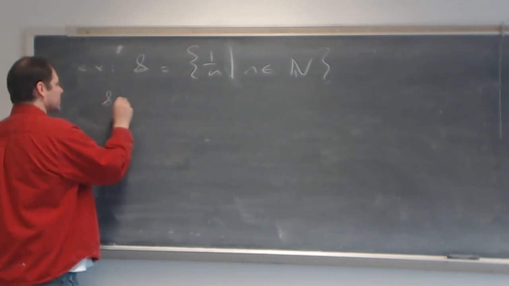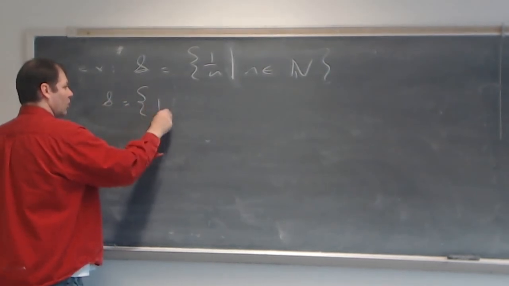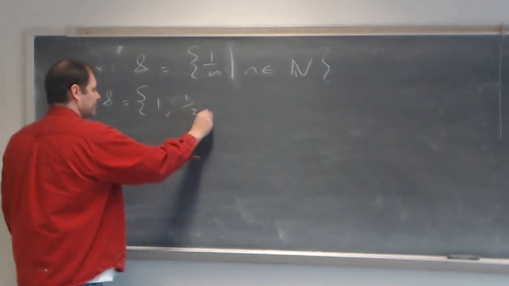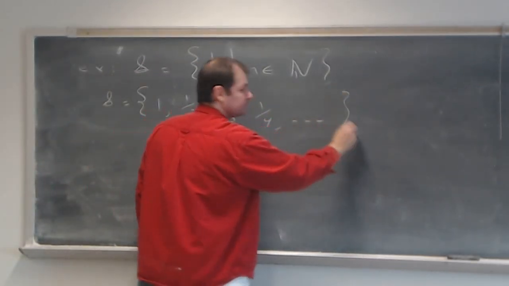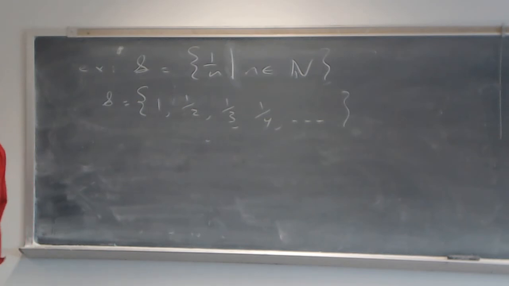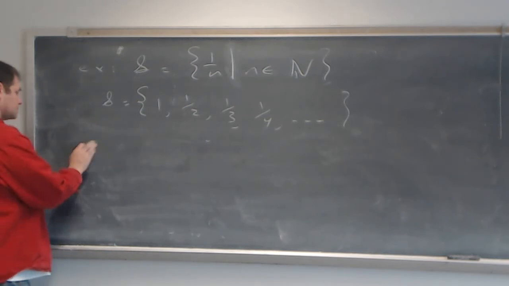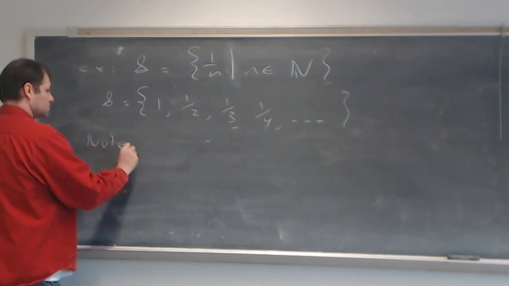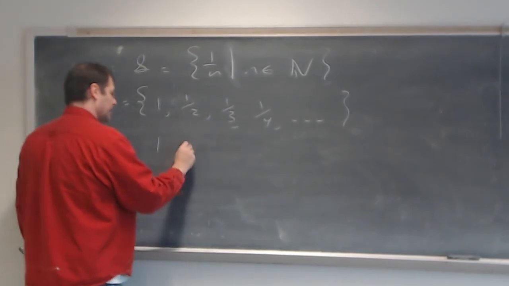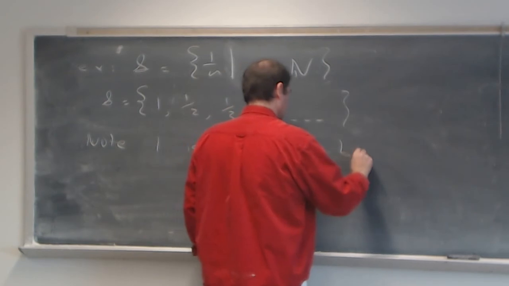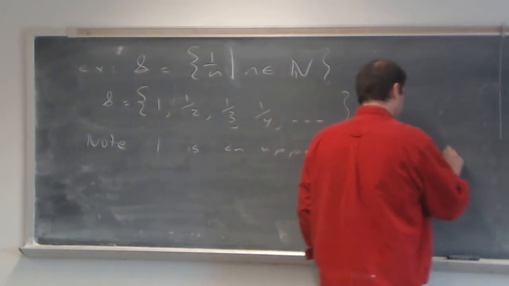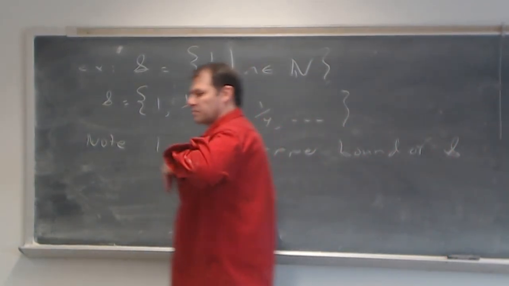So here, what does script S look like in terms of numbers? Well, it's got 1, it's got 1/2, it's got 1/3, 1/4, and it goes on forever like this. Note, 1 is an upper bound of script S. So 1 is bigger than or equal to everything in this set.